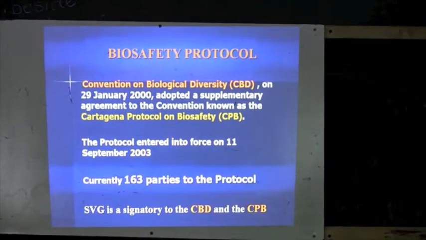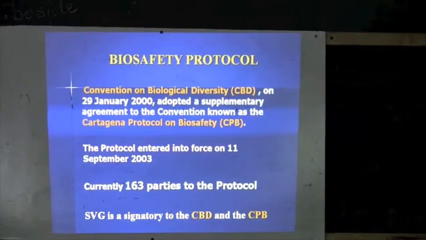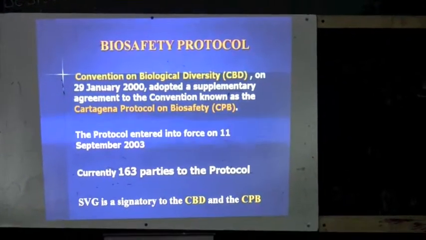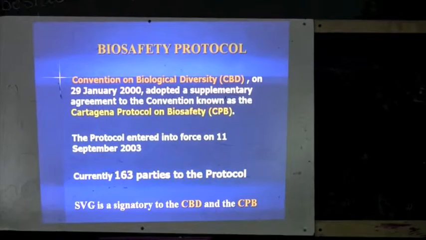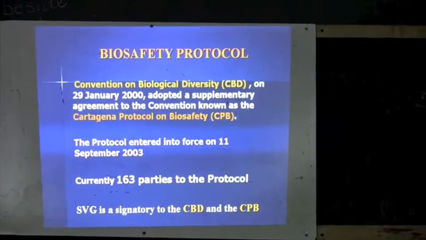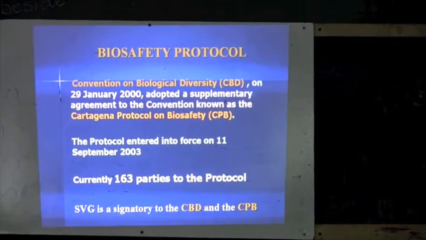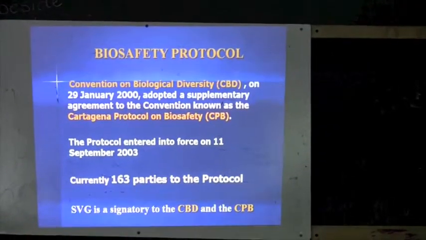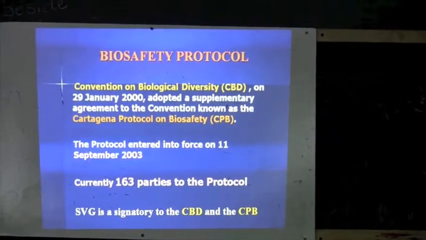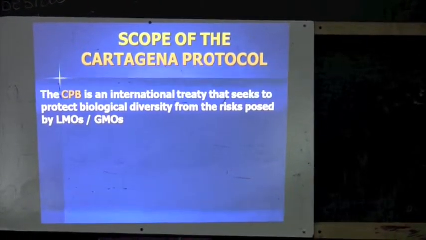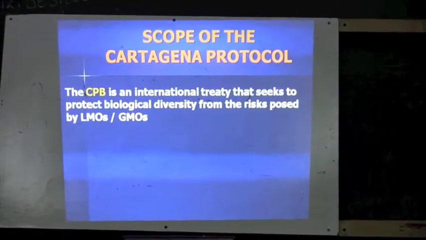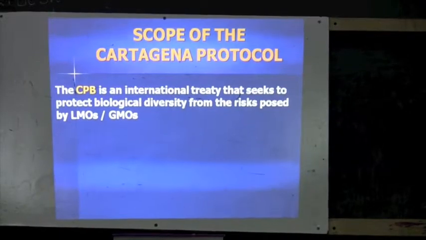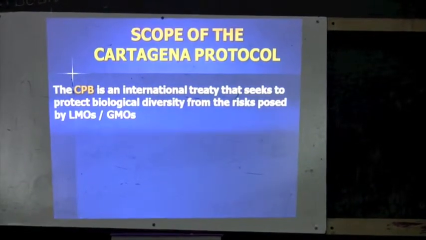And currently, according to the data, there are 163 parties to the protocol. And so St. Vincent and the Grenadines is a signatory to the Convention on Biological Diversity and also to the Cartagena Protocol on Biosafety. Being a signatory, one is obligated to these protocols, to carry out these protocols.